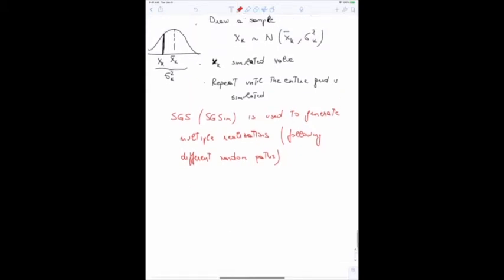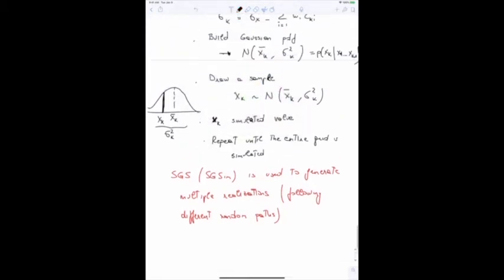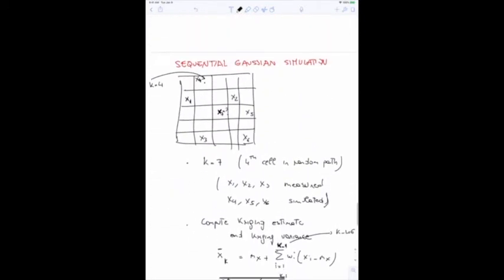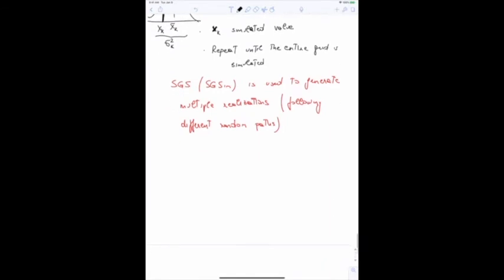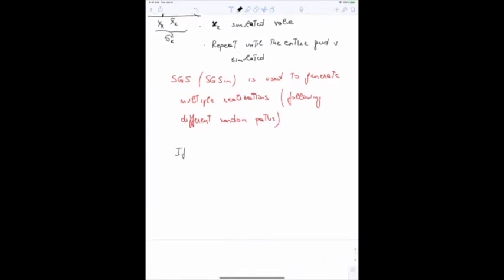Now, let's see what factors affect the simulation. Despite the name sequential Gaussian simulation, this can be applied also to non-Gaussian distributions, because if the PDF of x is not Gaussian, you can always do a normal score transformation, and do the simulation in the normal score domain, which means essentially the quantiles, and then transform back.